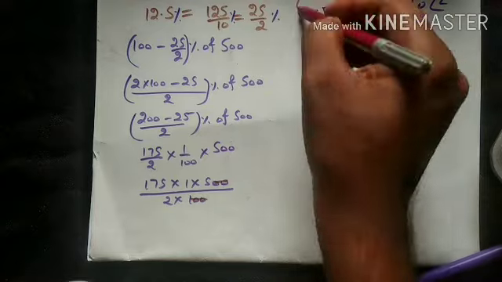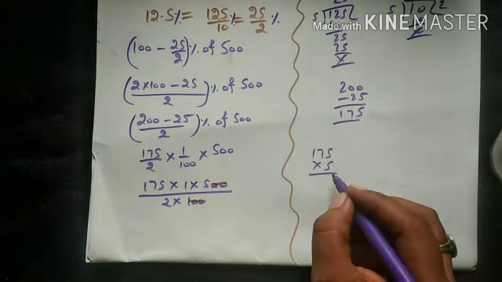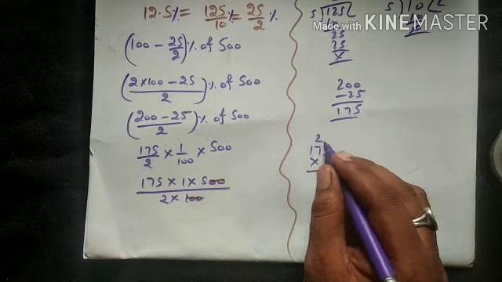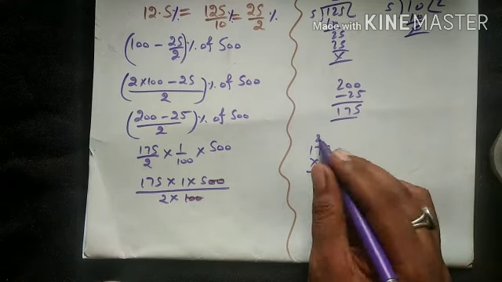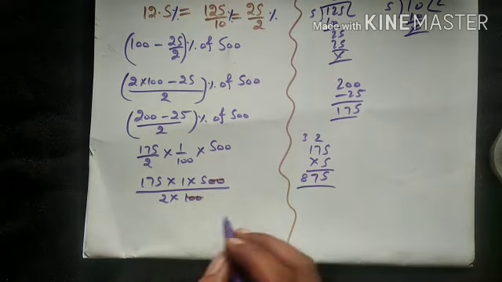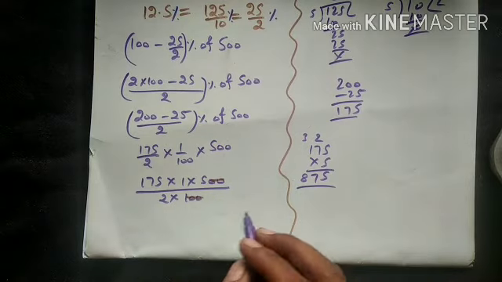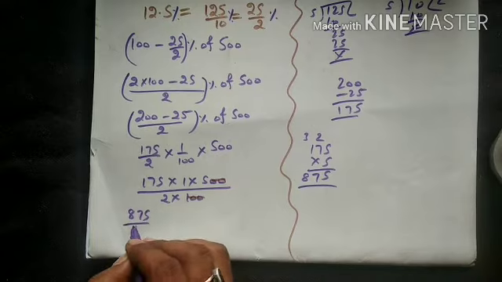Student, in this side I am doing the rough work. 5 multiply 5, 25, 2, 7, 7 5s are 35, 35 plus 2 is 37, 3 5s are 15, 8. This is 875. Okay, so 875 divided by 2.